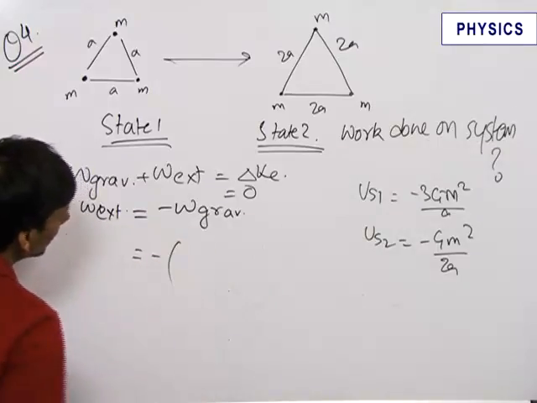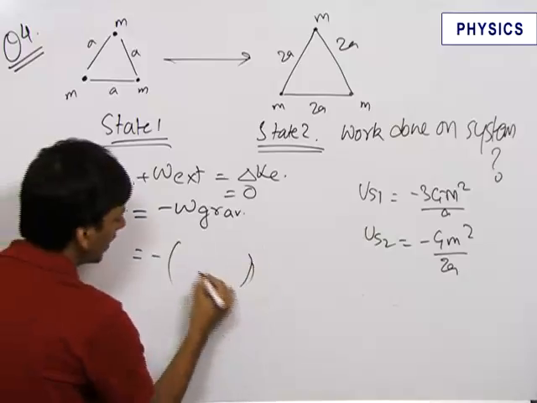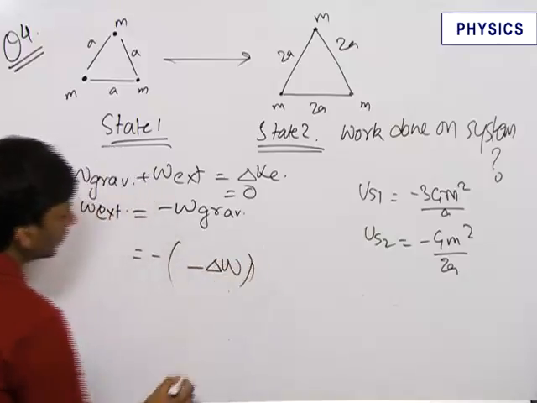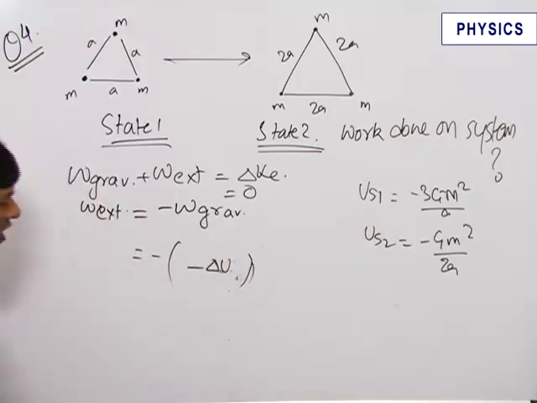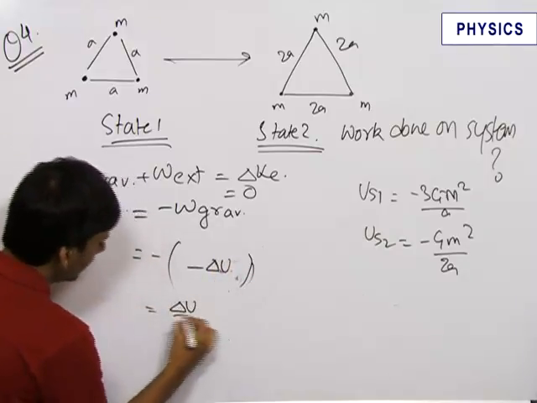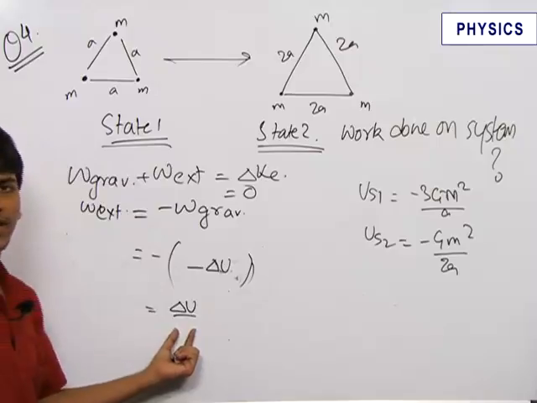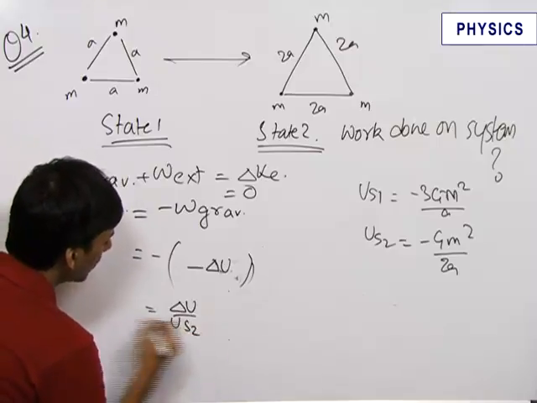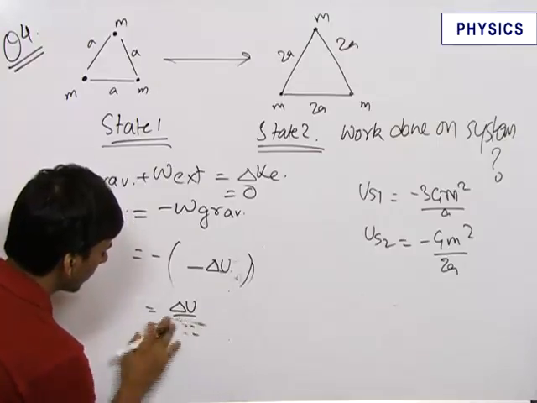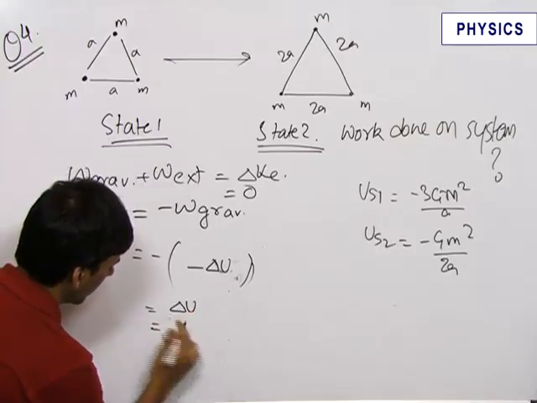Now we know that the work done by gravitational forces can be written as negative of delta U, where delta U is the change in potential energy. Change in anything is equal to final minus initial, so we write this as U of state 2 minus U of state 1.